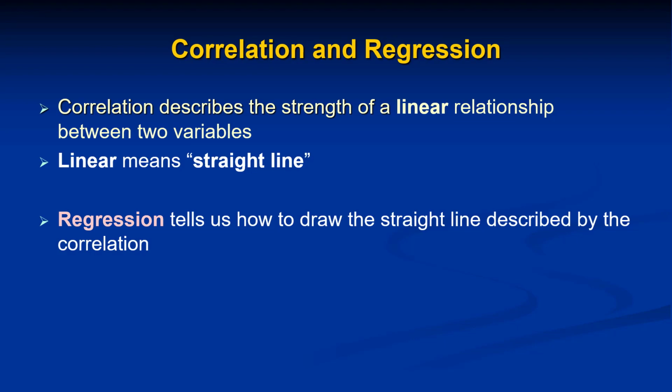Both correlation and simple linear regression analysis can determine if two numeric variables are significantly linearly related. However, a correlation describes the strength of a linear relationship between two variables, while regression tells us how to draw the straight line described by the correlation.